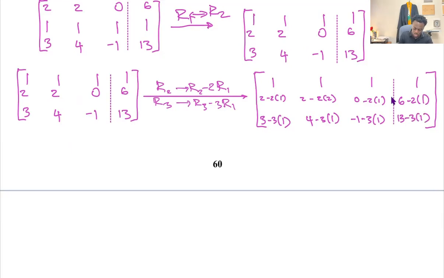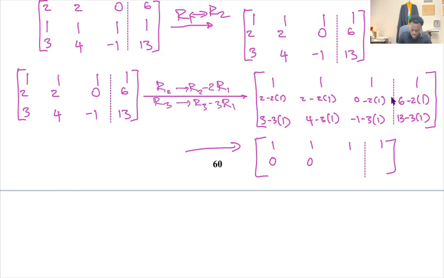Okay, now let's simplify this. So we have 1, 1, 1, dotted line to separate, and then 1. And then now let's perform this. That's 2 minus negative 2 times 1, negative 2 minus 2, so that's 0. 2 minus 2 times 1, that should be 1. That's 1. That's 1. All right, so that's 0.